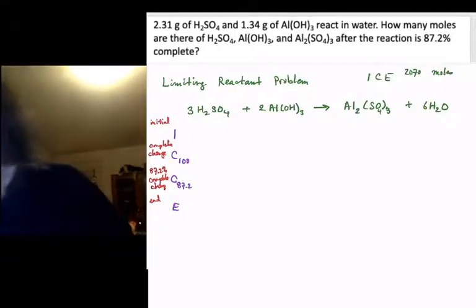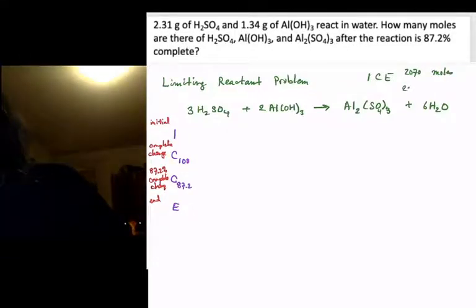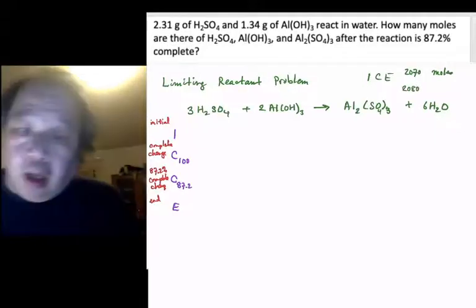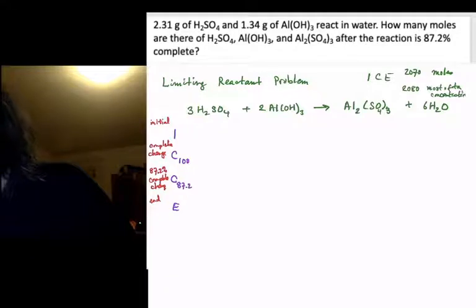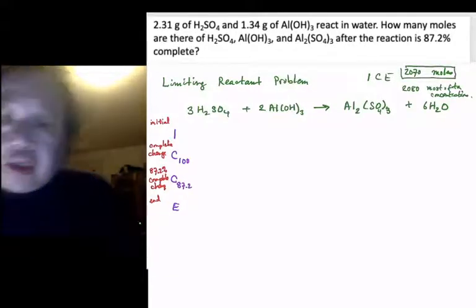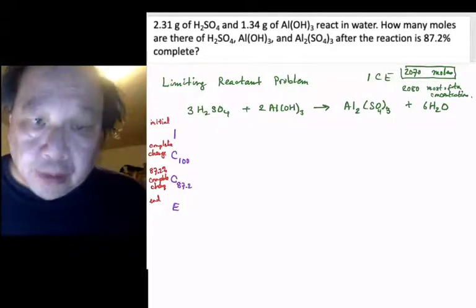And in 2080, when you use the ICE table, the entry will be most often, but not always, in concentration. So we'll be doing ICE tables in moles, and you'll see another variant of it next semester if you go on to 2080.